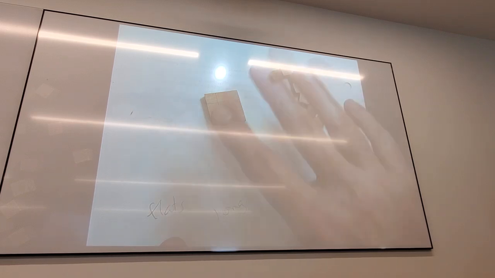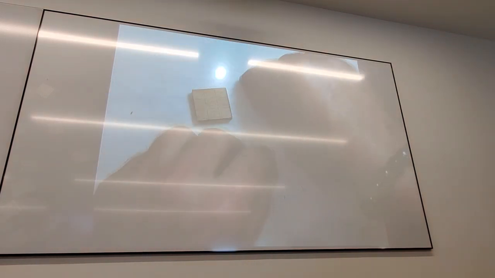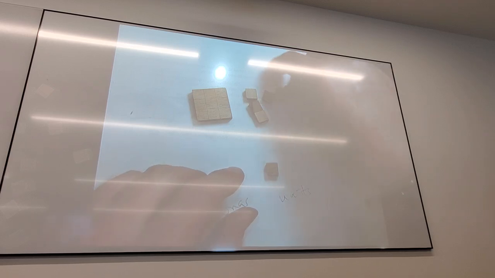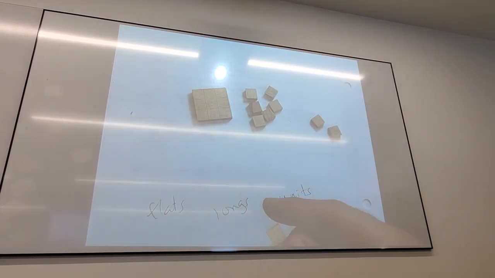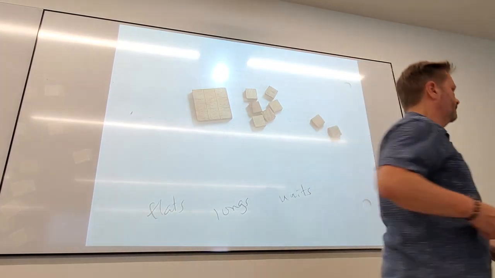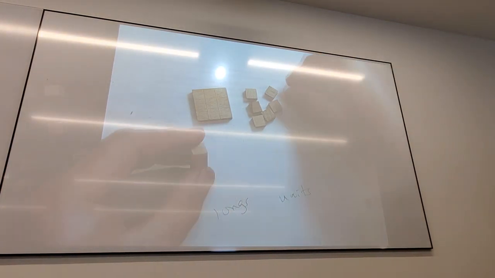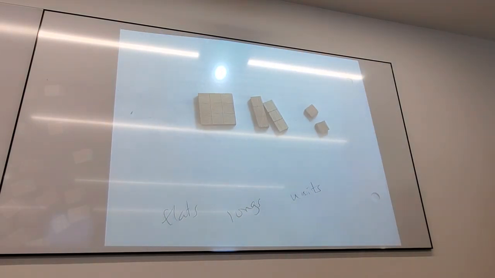So I still have 17, right? Now I can start making my longs. So now I have 2 longs, so I can replace those. So now I've got 2 longs and 2 of those. So I got 2 plus 6 is 8, plus 9, 17.